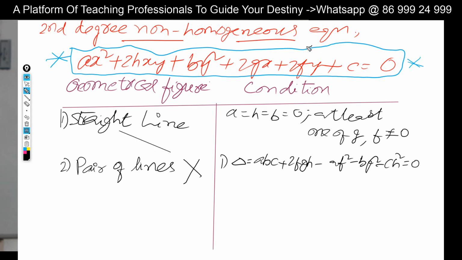We'll be learning the standard form of the equation of the straight line as ax plus by plus c equal to 0, where of course at least one of a and b must be non-zero. This is the standard form of the general equation.